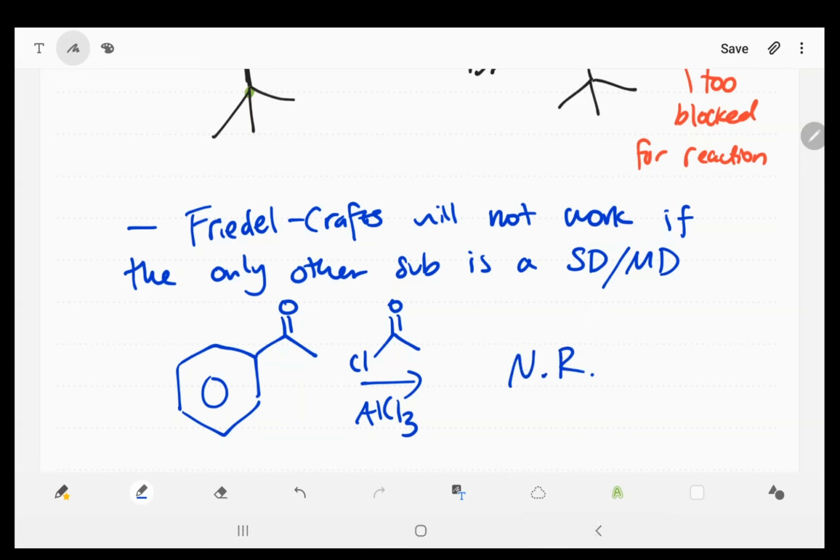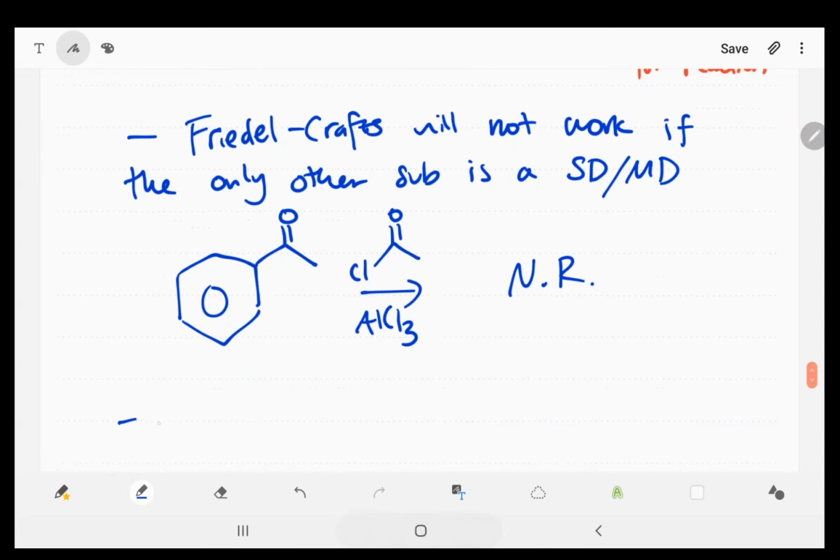You need to have some electron density in your ring to get a Friedel-Crafts to happen. So you have to have, at minimum, a halogen on there or something more activating. A methyl group, methoxy, an ester with the oxygen side. So something better needs to be there for Friedel-Crafts to work.